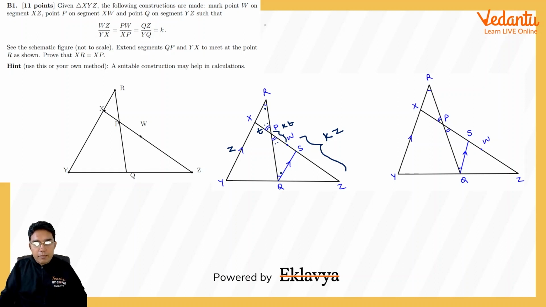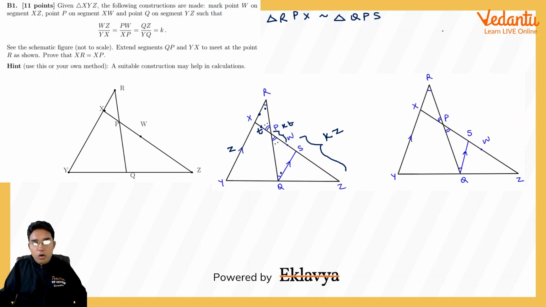So we can say these two triangles, that is RPX is similar to triangle QPS. Now if we need to prove that this XR is equal to this XP, we just need to prove that these two angles will be same. So if we are able to prove that these two angles are same in both the triangles or any one of the triangles, then our job is done.